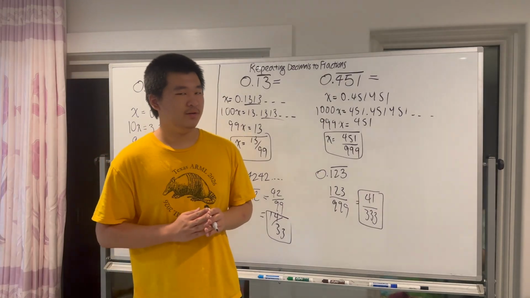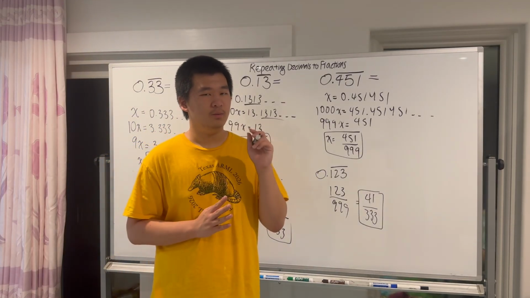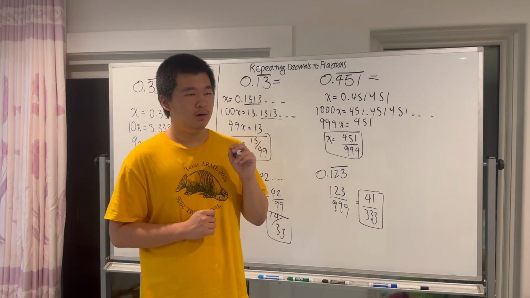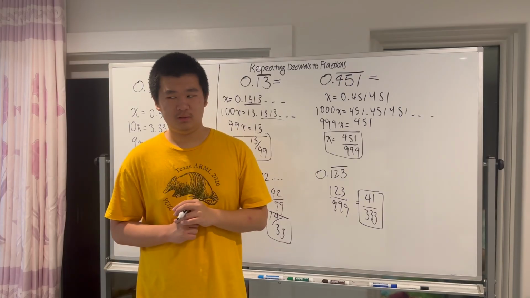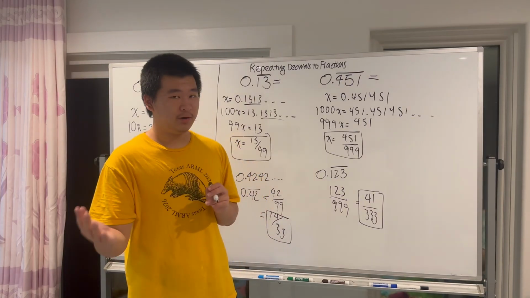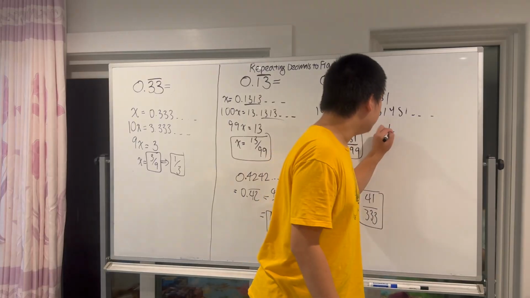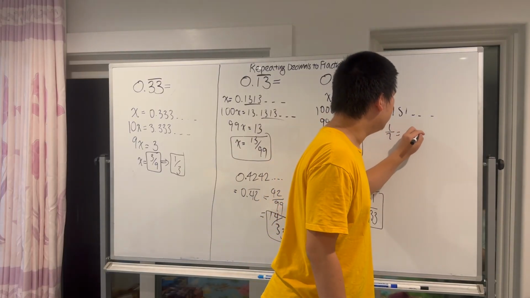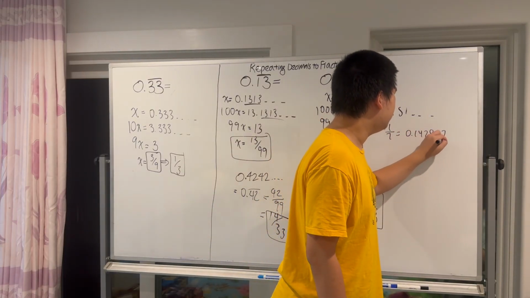And before we end off the video, I want to leave you with one more note. What is 1 over 7? As we covered in our last video, 1 over 7 equals 0.142857 repeating.